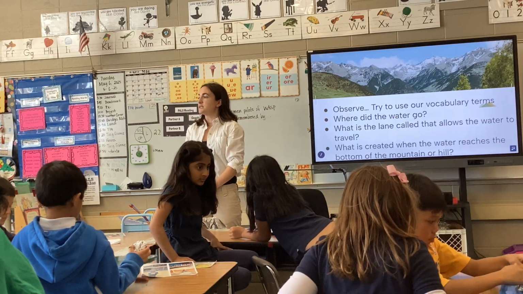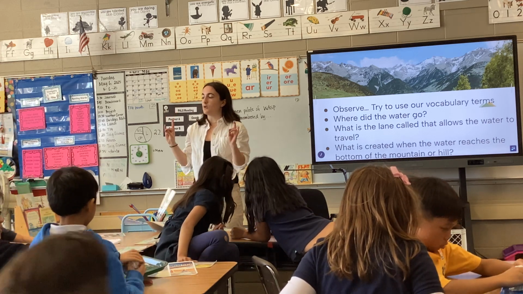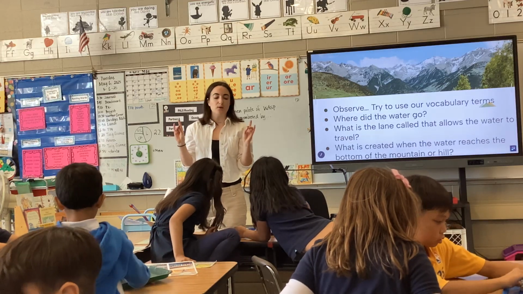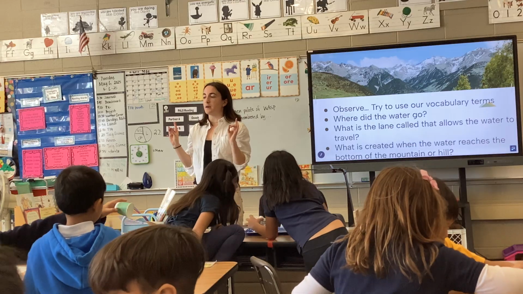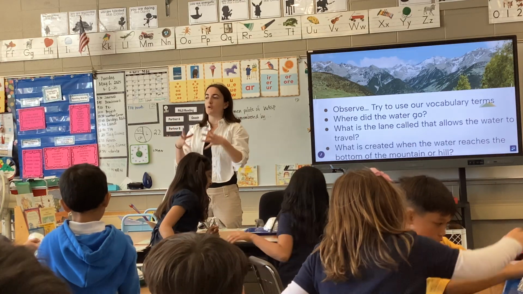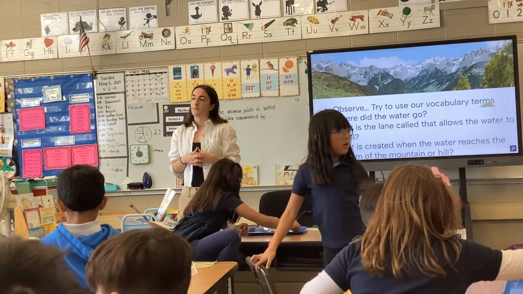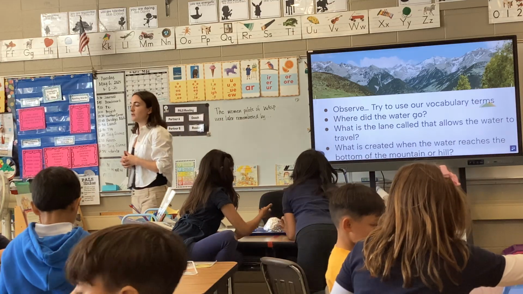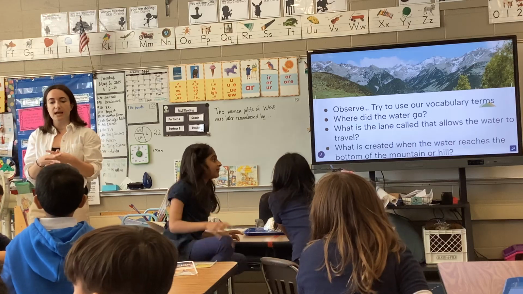Can anyone tell me what gathered at the bottom of the mountain, what that water formation is from our vocabulary terms? Brian? A lake. Yes, it looks like a lot of people have a lake. Did anyone create a pond, like not as much water as a lake?